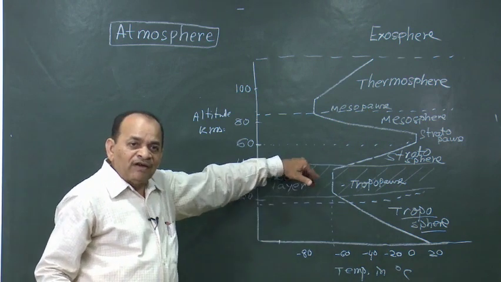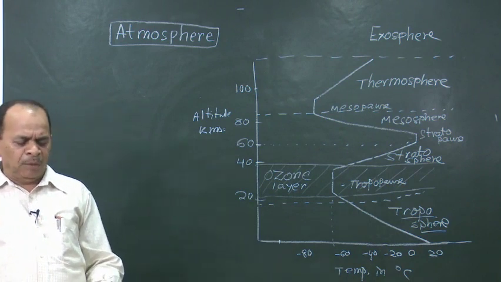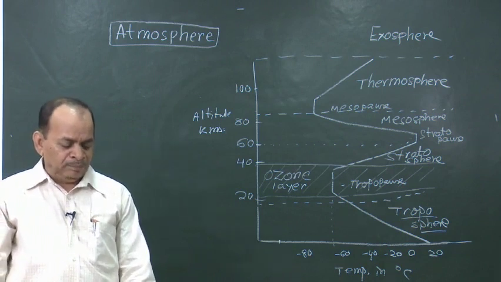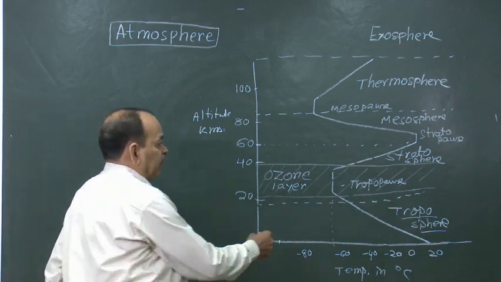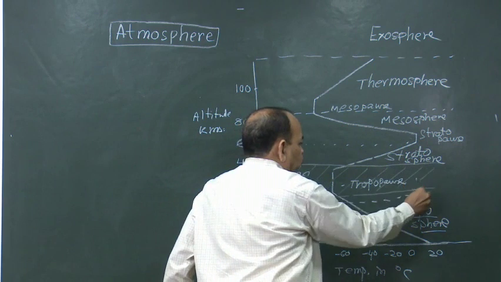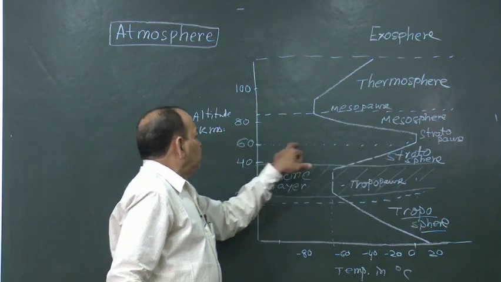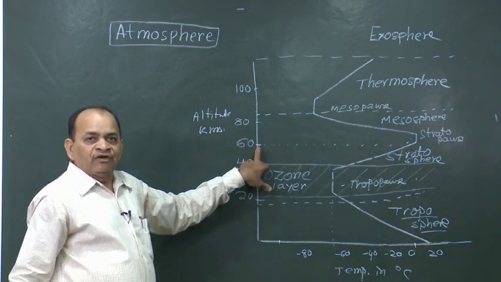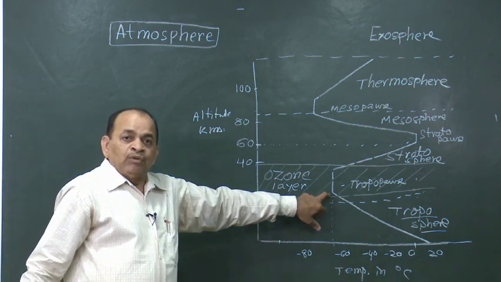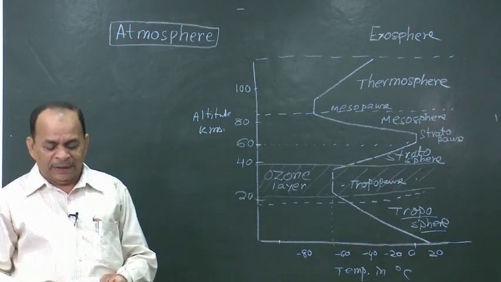Gradually the temperature increases, and the temperature profile reaches a peak around 55 kilometers at about 0 degrees centigrade. Here it was minus 60 degrees, then it increases to 0 degrees centigrade.